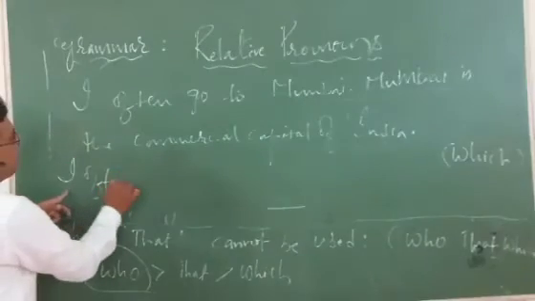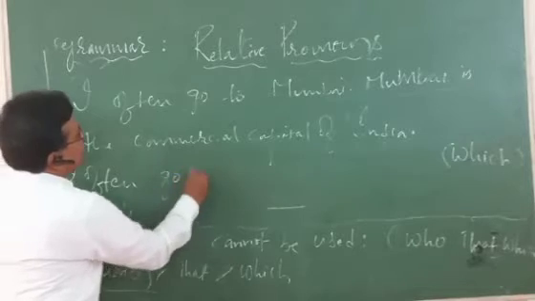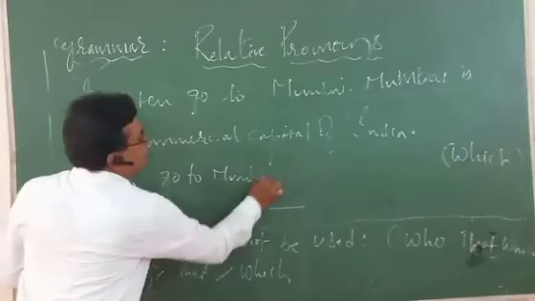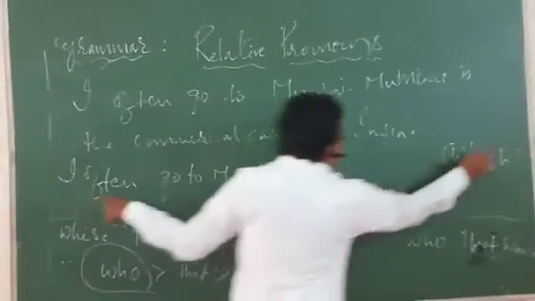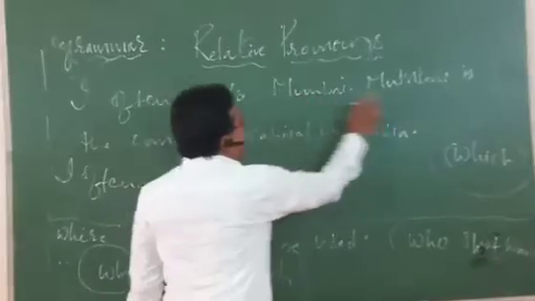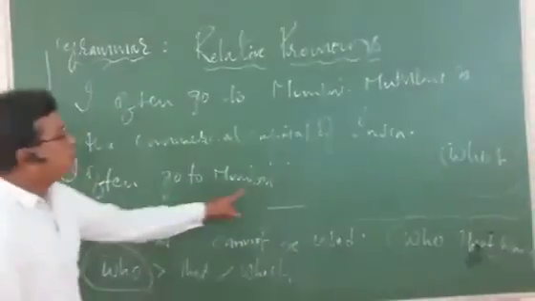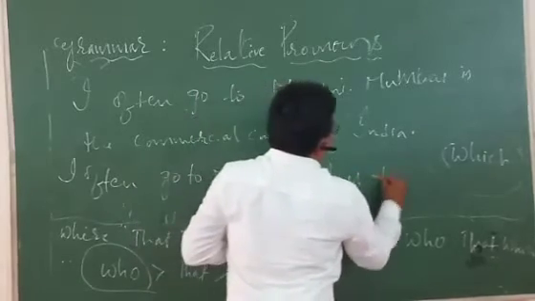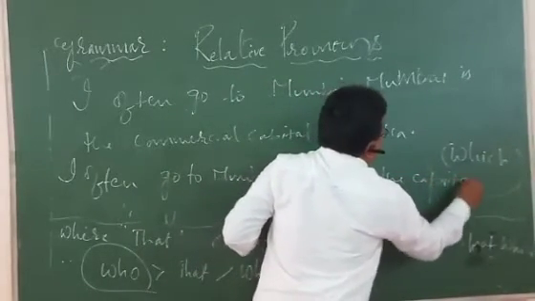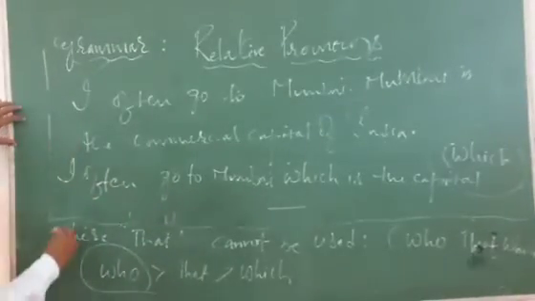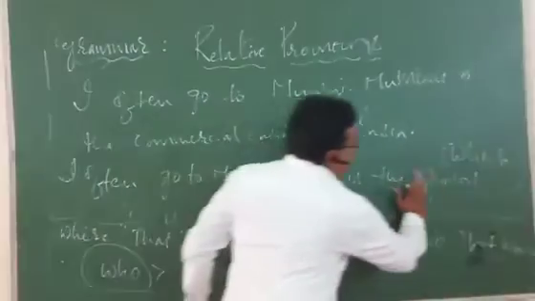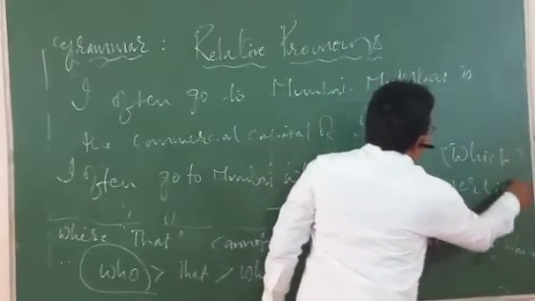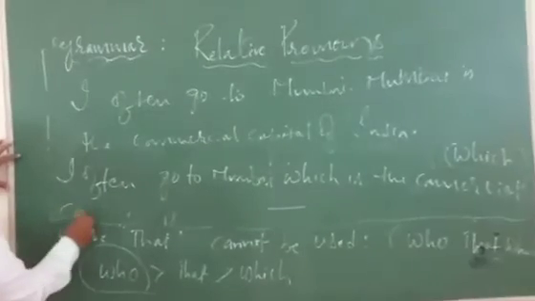Okay. Now I often go to Mumbai. Now what are we supposed to use here? The repetition of Mumbai must be avoided. I often go to Mumbai, which is the commercial capital of India.